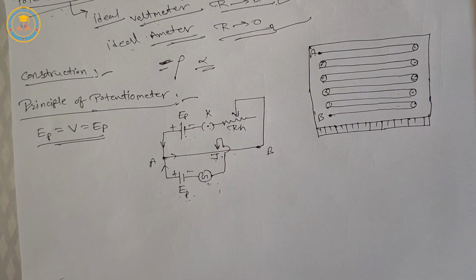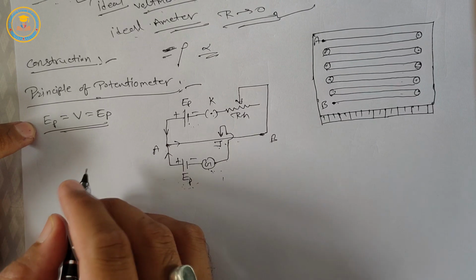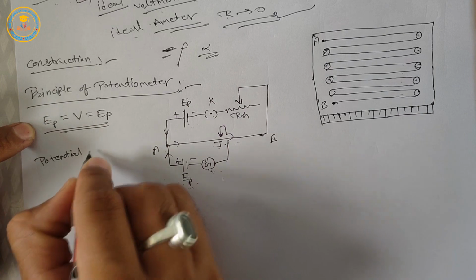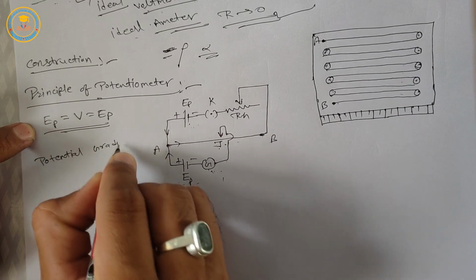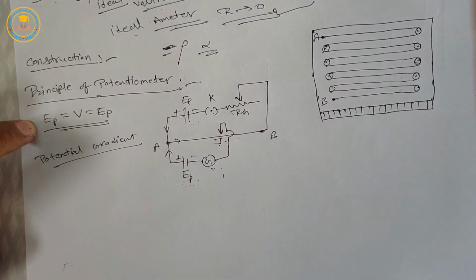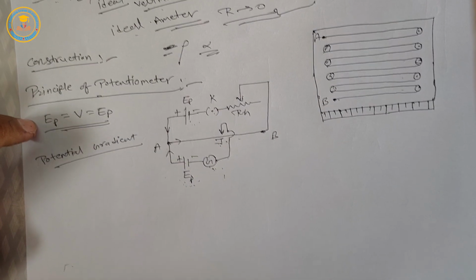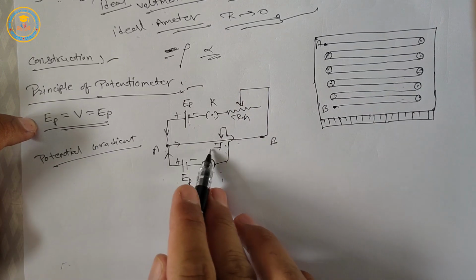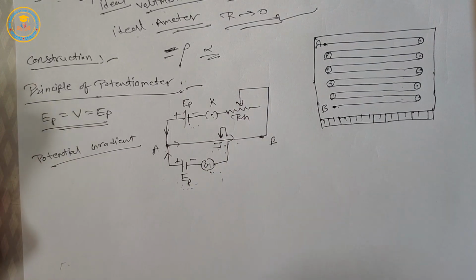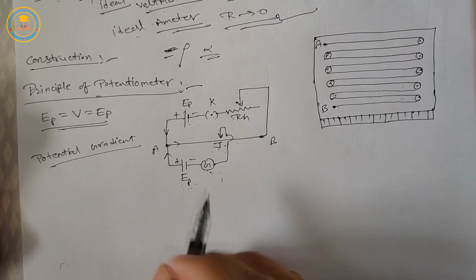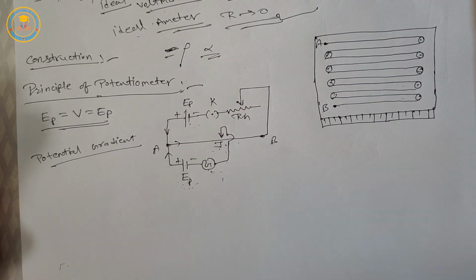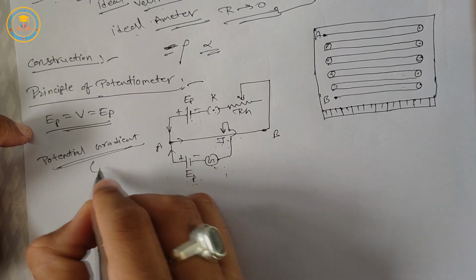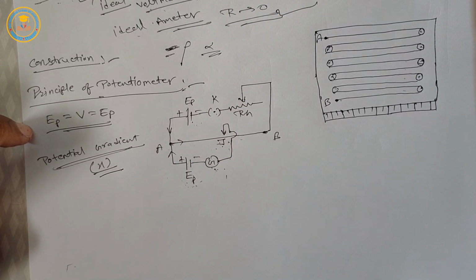Now an important definition, which is potential gradient. What is potential gradient? The potential drop per unit length of wire of the potentiometer is called potential gradient, and it is denoted by small x.